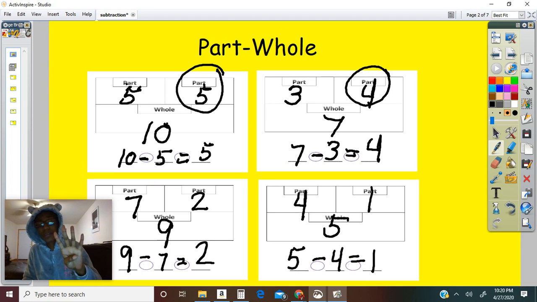A part of 4 and a part of 1, does that equal 5? It sure does. That lets us know that we fact checked our answers, and now we know that 5 minus 4 will leave us with a part of 1. Good job with part whole, guys. Let's move on to our next strategy.